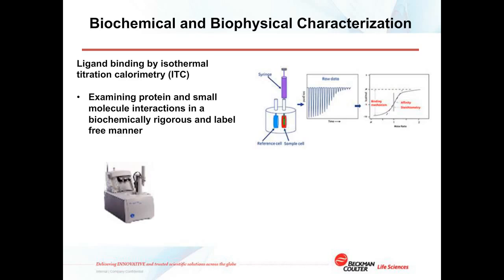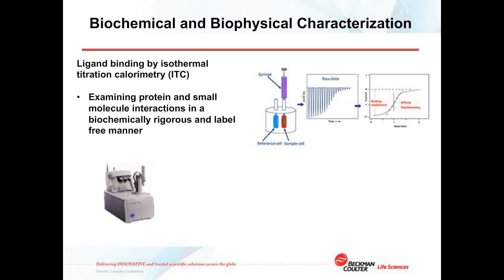With isothermal titration calorimetry, one can very rigorously examine many different biophysical characteristics of proteins. Typically one will incubate a protein with another peptide or protein and then measure the amount of heat that is generated with small injections of the peptide or small molecule.